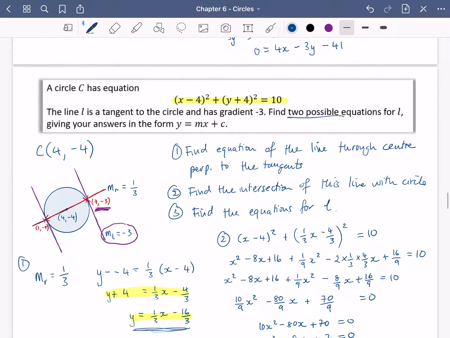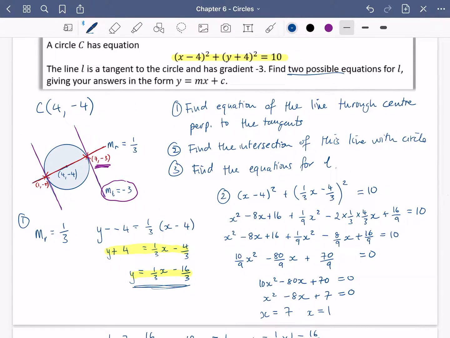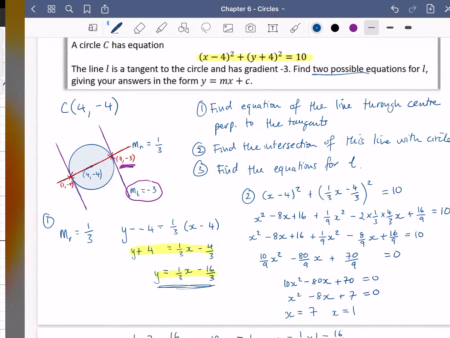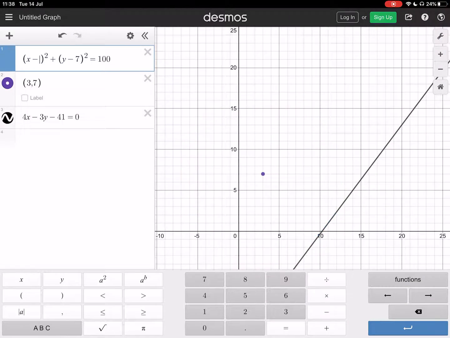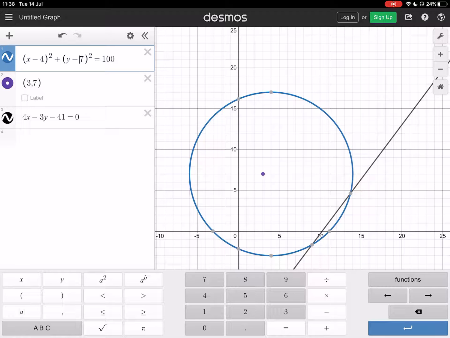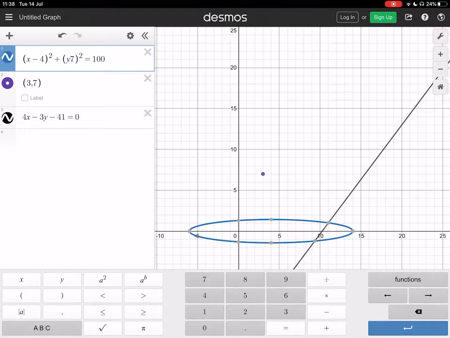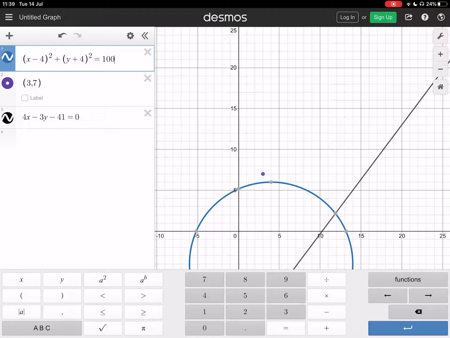I'm actually just going to check that this has completely worked by going back to Desmos and seeing that it's right. So we've got x minus 4 squared plus y plus 4 squared equals 10.